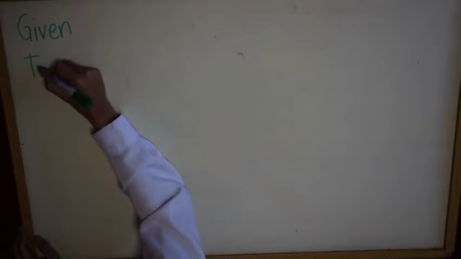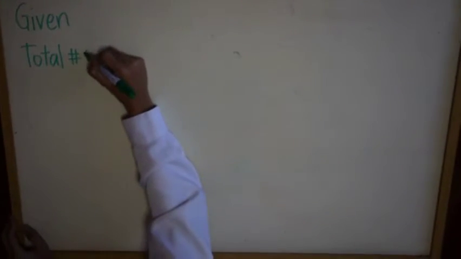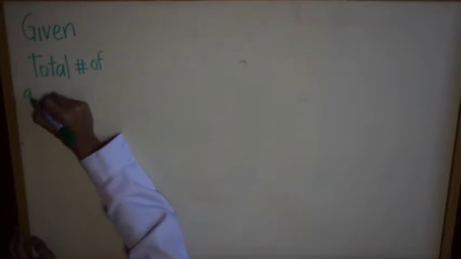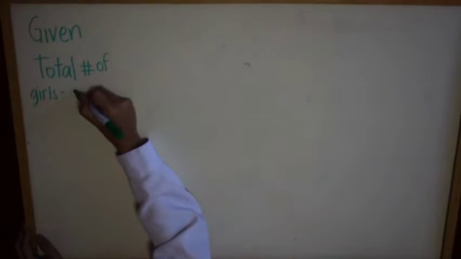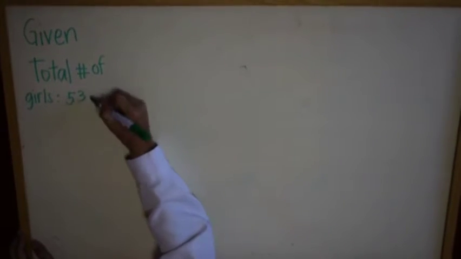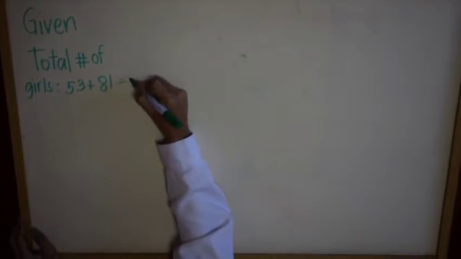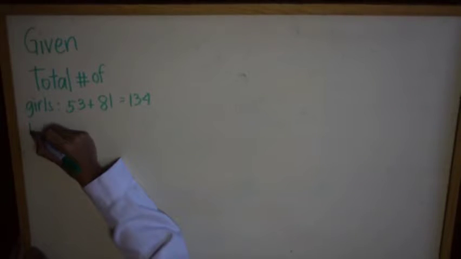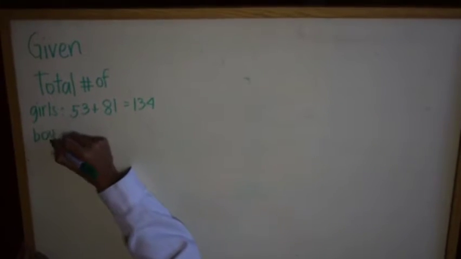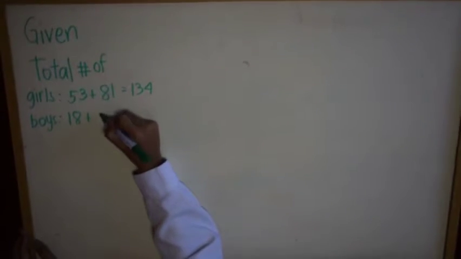In this problem, we have a given of total numbers of girls and boys. For the girls, we have a given of 53 and 81. So we need to add them, and we get a total number for girls which is 134. For the boys, we have 18 plus 43, so it is equal to 61.